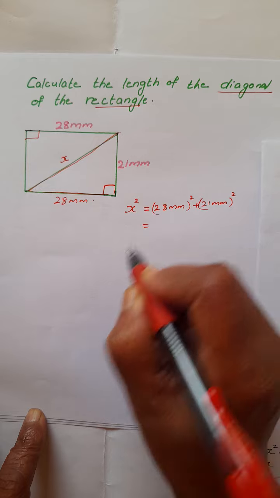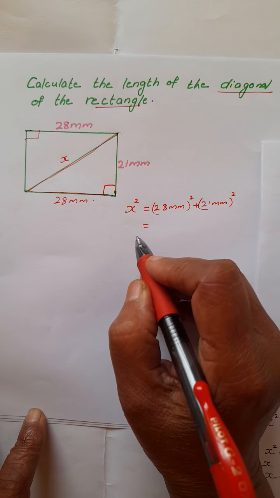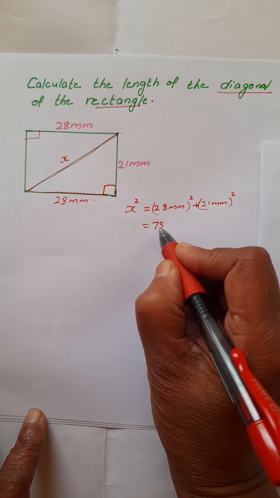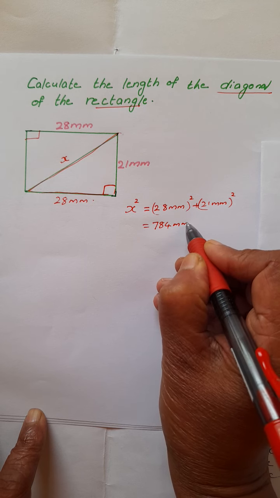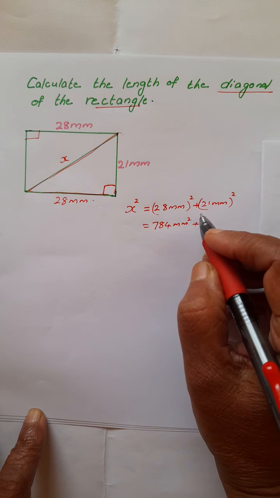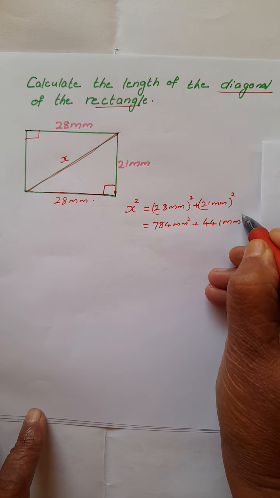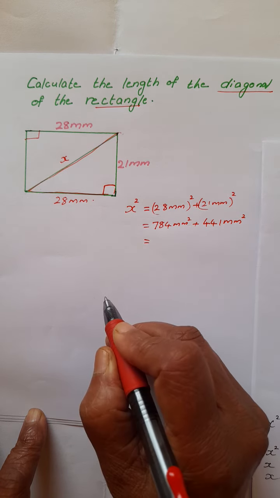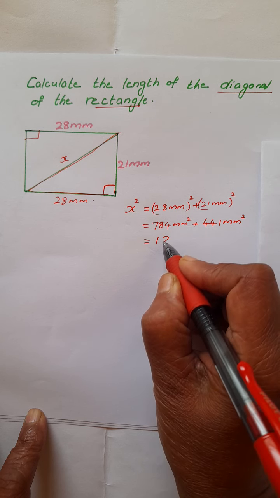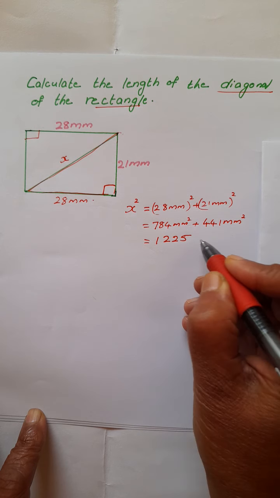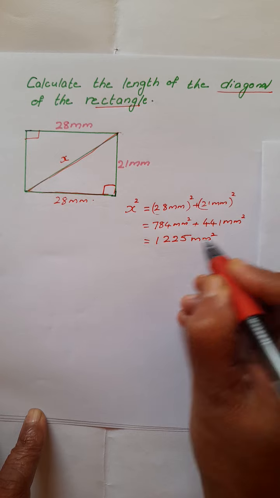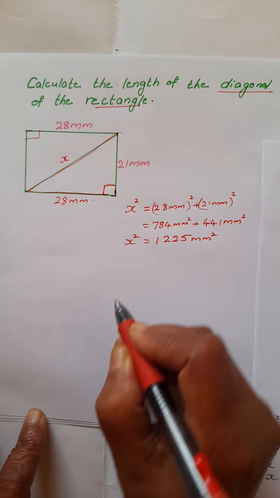Then that is equal to 28 squared, which is 784 millimeter squared, plus 21 squared, which is 441 millimeter squared. When we add that, we'll get 1225 millimeter squared, that is x squared.